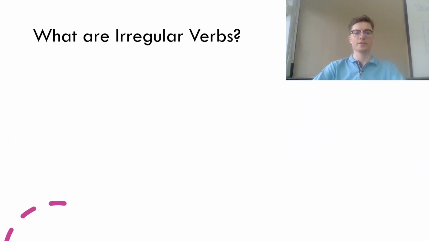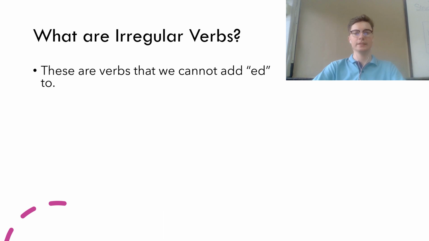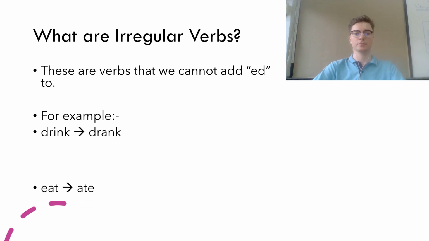So, quite simply, an irregular verb is a verb that we cannot add ed to change it to the past tense. For example, drink. When we change it to the past tense, we have to say drank. Eat becomes ate.